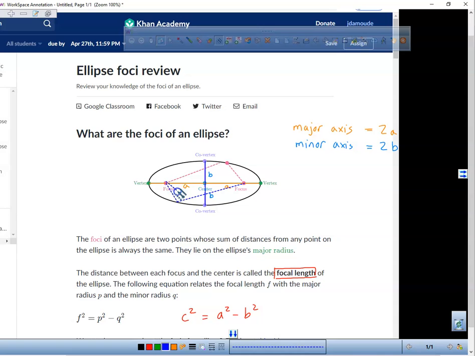So I could draw another one, and all of those sums would always add up to be exactly equal to each other, which basically means the distance from here all the way across.